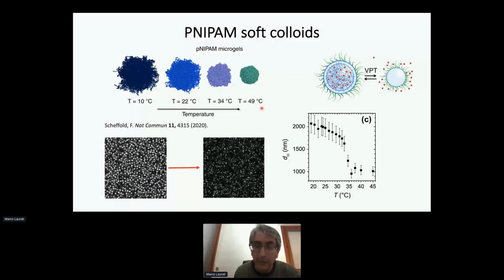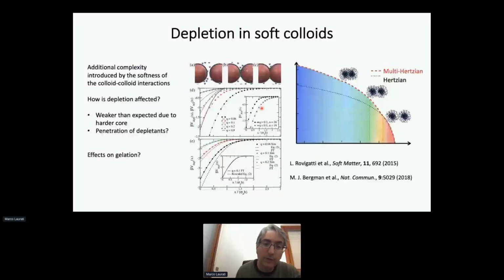And so the question that some people recently tried to answer is how is depletion interaction essentially changing in these soft systems, so soft colloids.